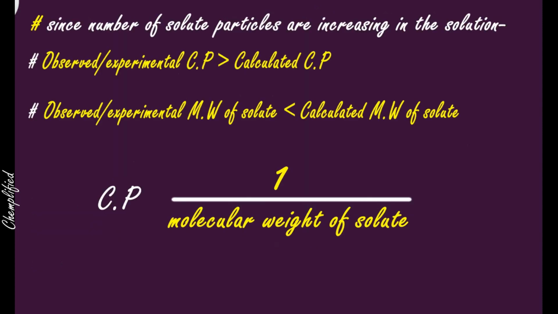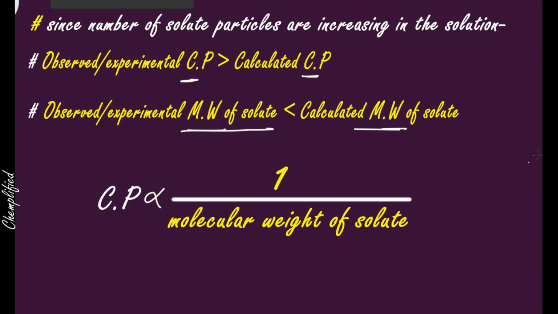Since the number of solute particles is increasing in the solution, observed colligative property will always be greater than calculated colligative property. Observed or experimental molecular weight of solute will be less than calculated molecular weight of solute. Remember, colligative property is inversely proportional to molecular weight of solute.